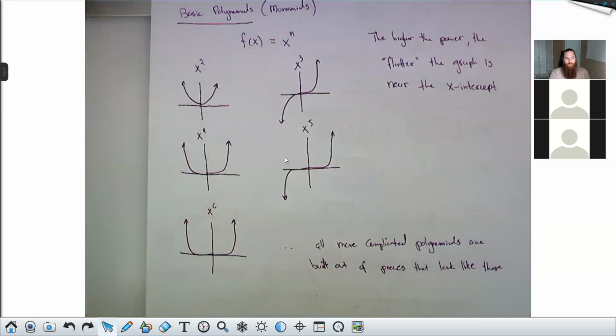Pieces. So all more complicated polynomials are built out of pieces that look like these, meaning combinations of whole number powers of x. But yeah, all more complicated polynomials are built out of pieces that look like these.